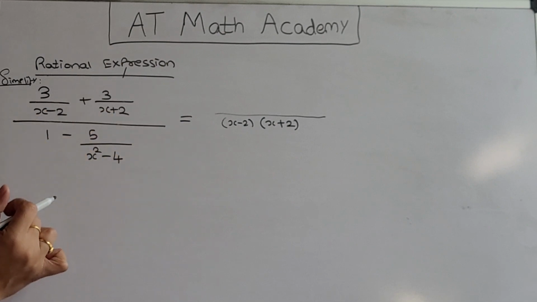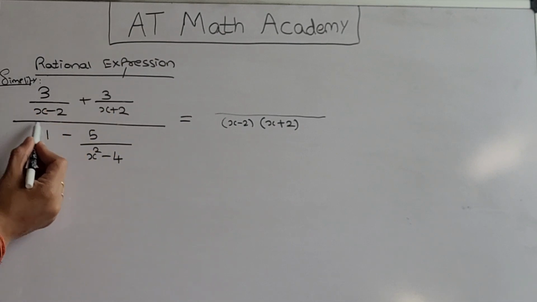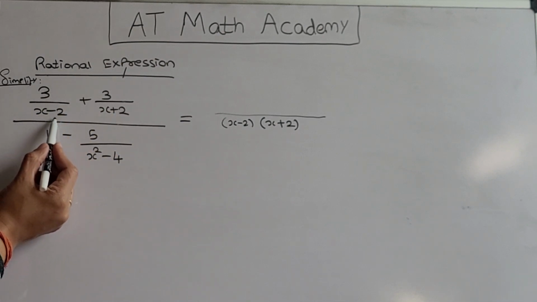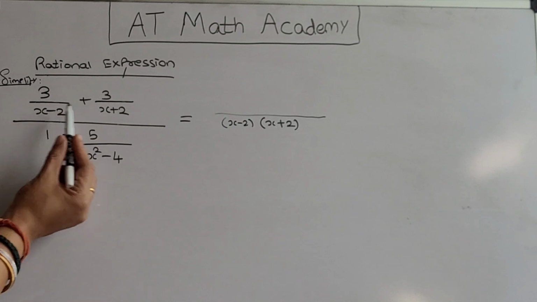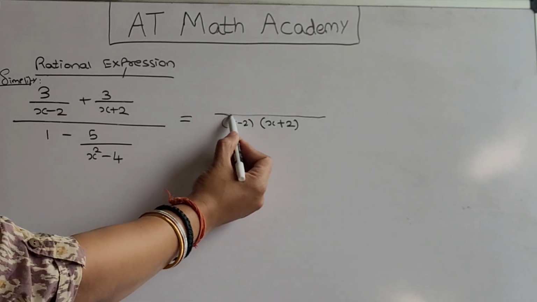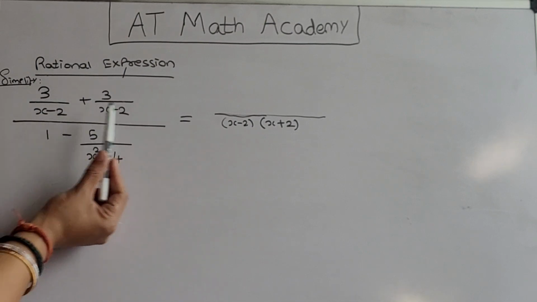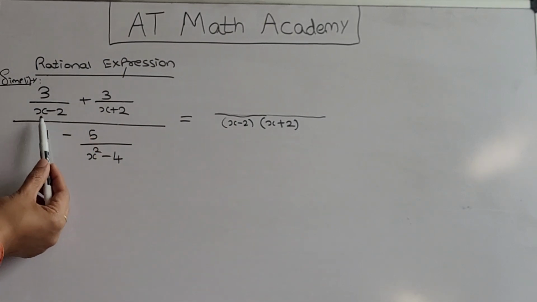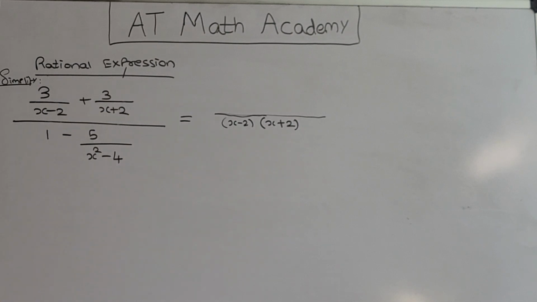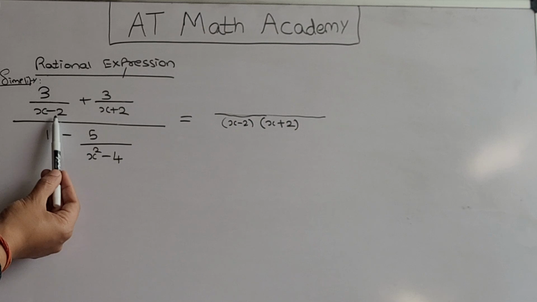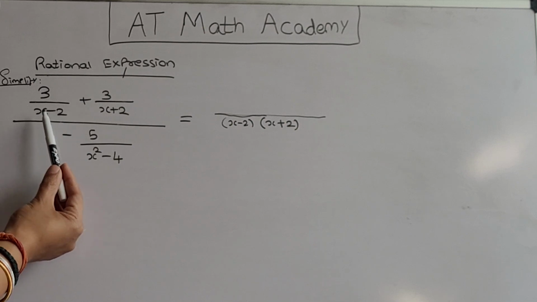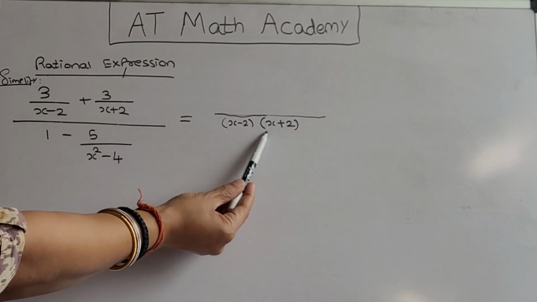For my first term, 3 by x minus 2, to become the common denominator x minus 2 into x plus 2, I need to multiply both the numerator and denominator with x plus 2. So x minus 2 into x plus 2 is already here.